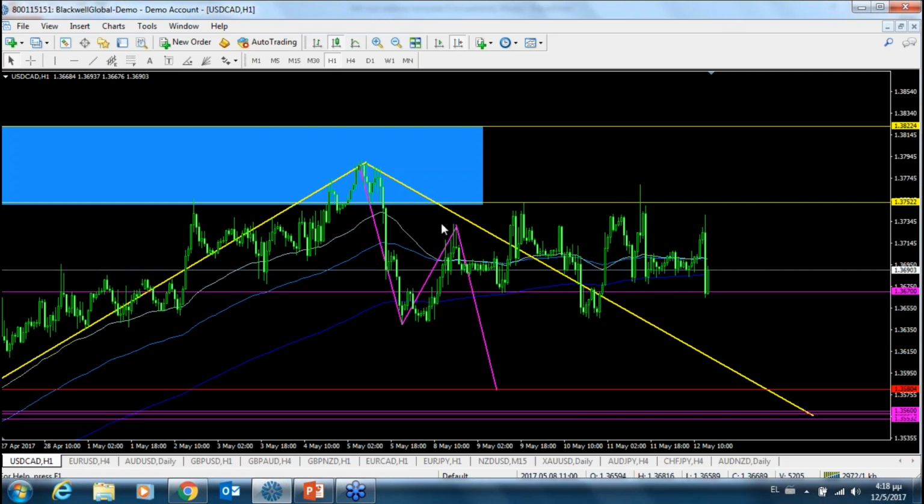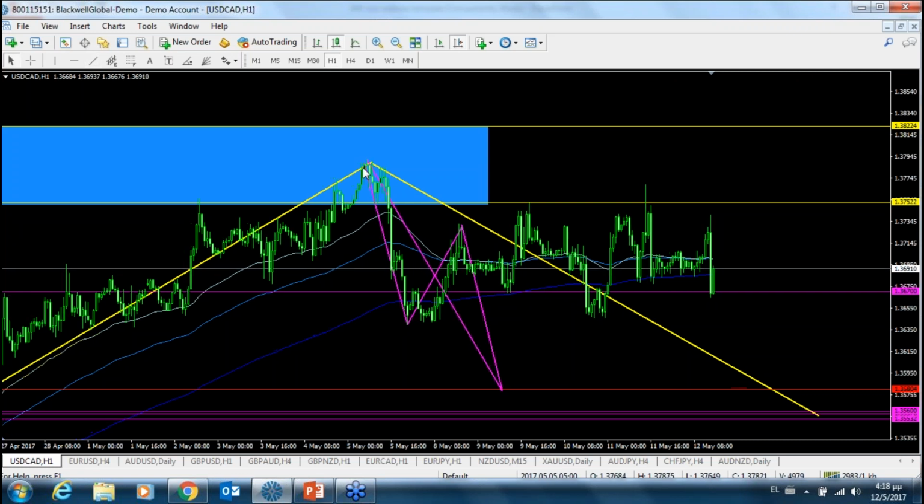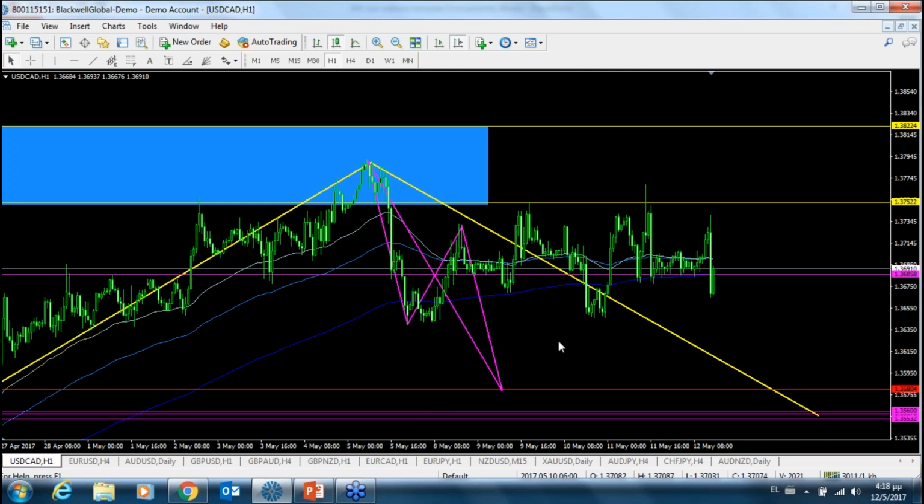It is by converting this ABCD pattern into a geometric pattern like that. Okay, so you just close up this pattern that way. So you are attaching an additional line from A right down to D, and then you've got that center point area. That center point area has been marked at approximately 1.3685, and again it is very close to the 3680 area.